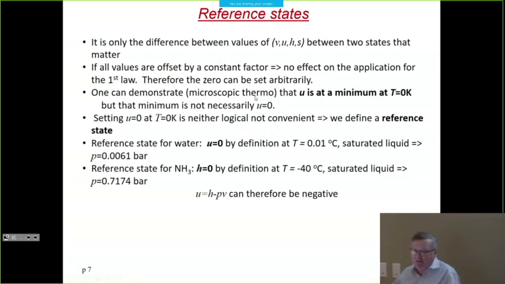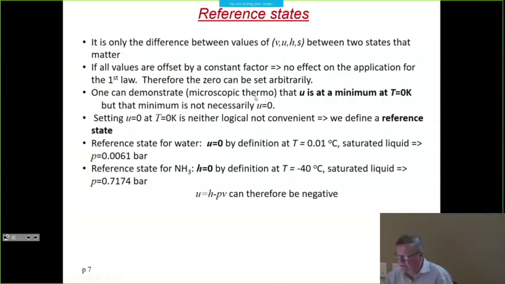Well, the place where you set the 0 is called the reference state. So one can demonstrate that U is minimum actually at 0K, but that doesn't have to bear on how you're going to be using your tables. One does have to state that entropy is 0 at 0K.